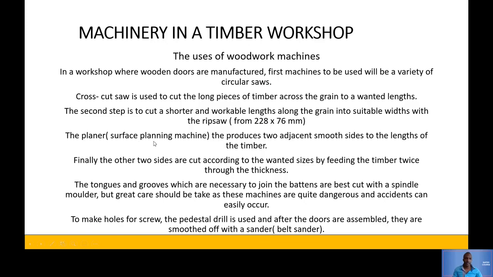And then the planer, the surface planing machine, produces adjacent smooth sides of the timber.